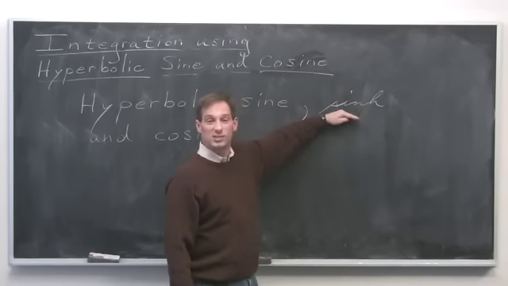So, cosh, and their definitions are, and these don't look very trigonometric, I'll comment, or much like the normal trig functions. By definition, hyperbolic sine of x is e to the x minus e to the minus x, over 2.